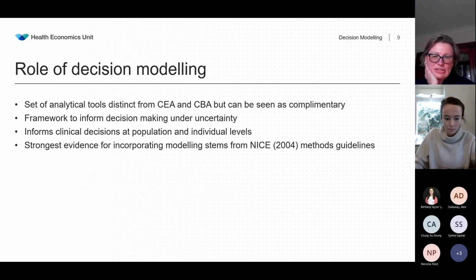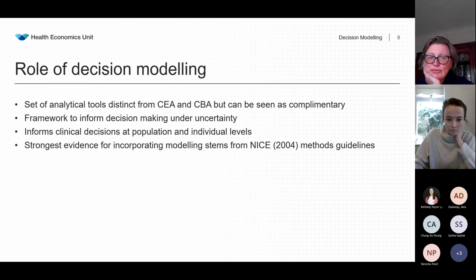What is decision modelling? Generally, it can be defined as a systematic approach to making decisions in the presence of uncertainty. It's been controversial for a very long time, but it has now grown more into prominence, especially with NICE guidelines that were published about 15 years ago or so.